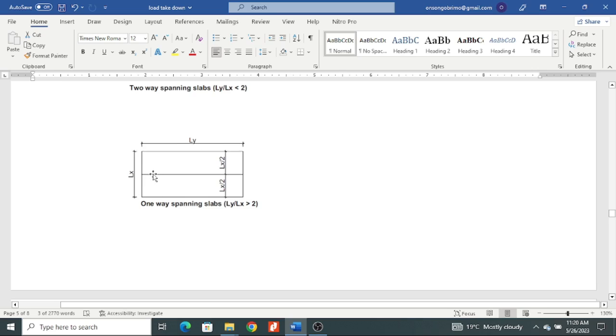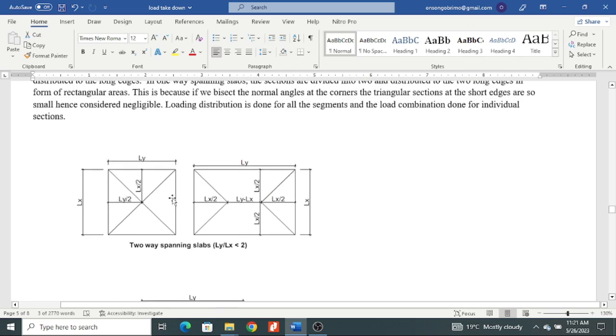The disclaimer is that part of the loading of this slab goes to this beam if there is a beam here, because once you do 45, most of the loading will go to this and most of this loading will go to that, but you will have a very small area going there, which will form a very small triangle going to this beam. This area is normally avoided because it is negligible, such that once you include it, the results are not going to adversely affect your structure that much. Therefore, that is why we design them as one-way spanning. So hope you have understood.